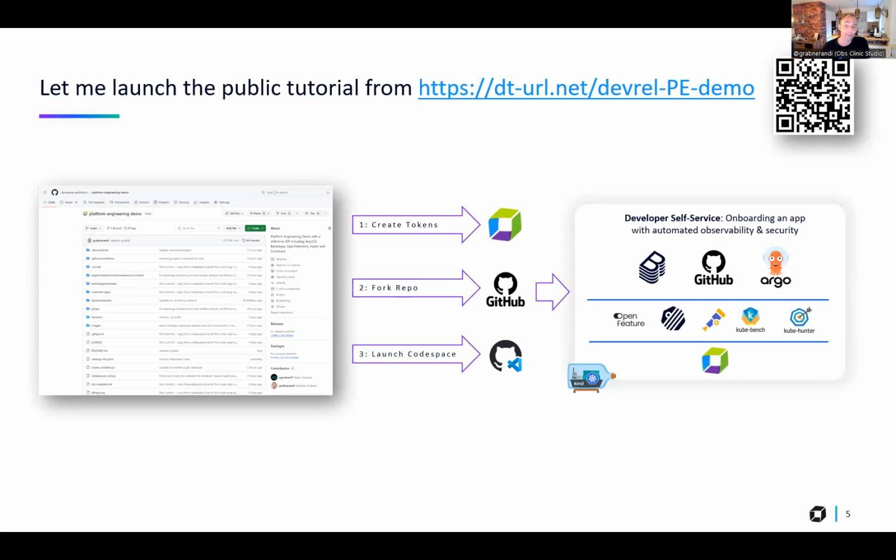In that Kubernetes cluster, we then have everything set up so that we install Argo, and Argo then rolls out a platform that we built, and obviously everything is observed with OpenTelemetry, with Dynatrace, and a lot of other tools are in there. The reason why we built this platform is because we want to show you an end-to-end use case of developer self-service, of how developers can onboard an app without having to think about how to get observability or security checks or any validation checks. Everything is built in and baked in.